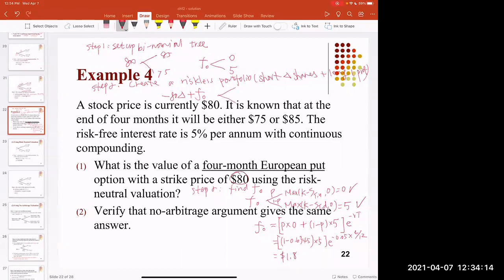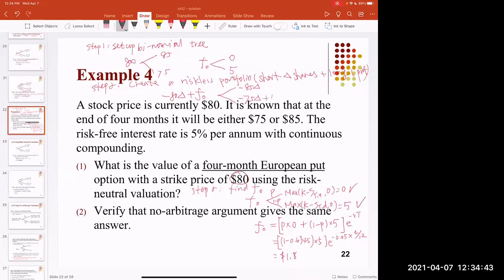And at time T, when the stock price goes up, it is negative 85 delta, and the option payoff is 0, so we can skip that. And when the stock price goes down, it is negative 75 delta, and the payoff for the option is 5, so we're going to plus 5.